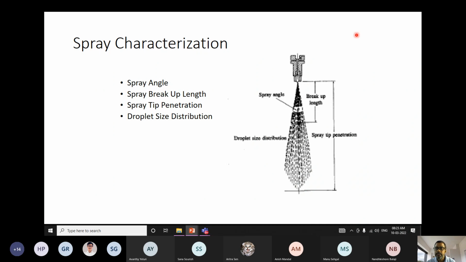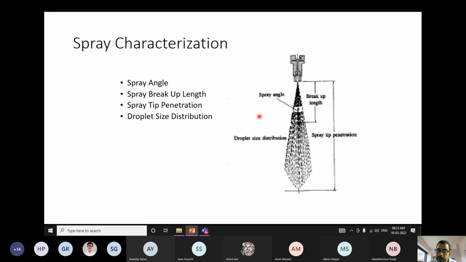One is just injecting in atmospheric conditions. That is a very idealistic kind of characterization and far away from the realistic conditions. Why am I saying it is far away from the realistic conditions?